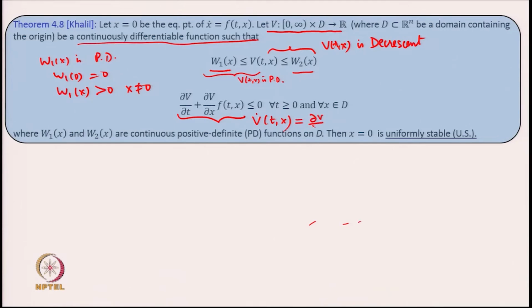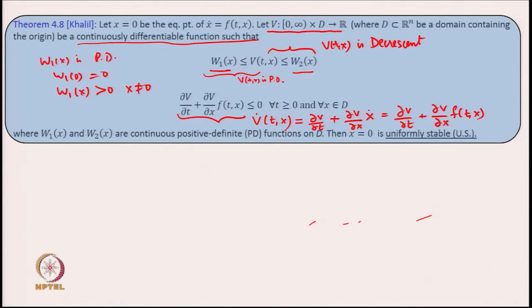We first take the partial of V with respect to t, and then we take the partial of V with respect to x times x dot, and we replace x dot by f of t comma x. So, in a way we take the derivative along the system trajectories. The fact that we substitute for x dot using the function f, we say that this is the time derivative of the function V along the system trajectories.